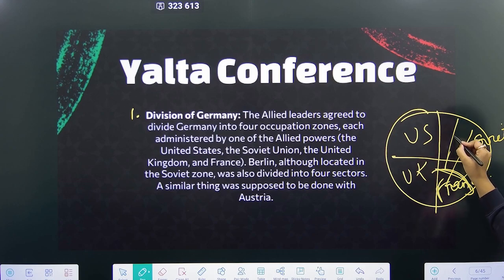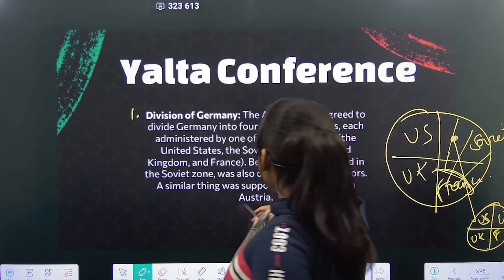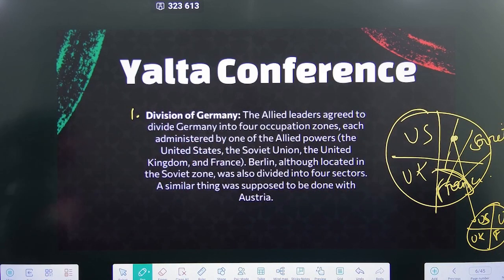Now, Berlin was located over here in the Soviet zone. But what happened with Berlin? Berlin was also divided into 4 sectors: USSR, US, UK, France. Okay. And a similar thing was done with Austria. This was the first thing that was decided during the Yalta Conference.